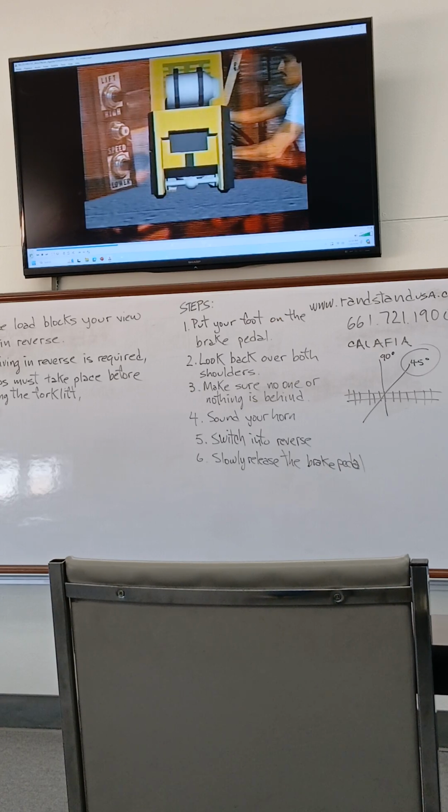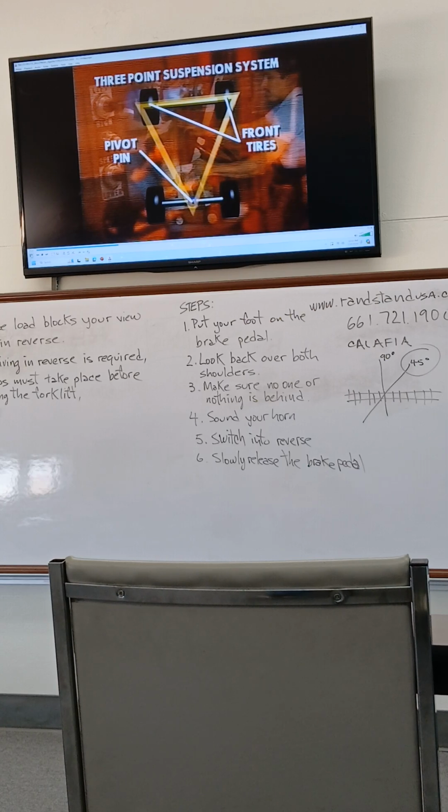This allows for the up and down movement of the rear tires when traveling over bumps and uneven surfaces. The pivot point and the front tires make up the 3-point suspension system. The truck's steer axle is attached to the truck by a pivot pin in the axle's center. This 3-point suspension system forms an imaginary triangle called the stability triangle.